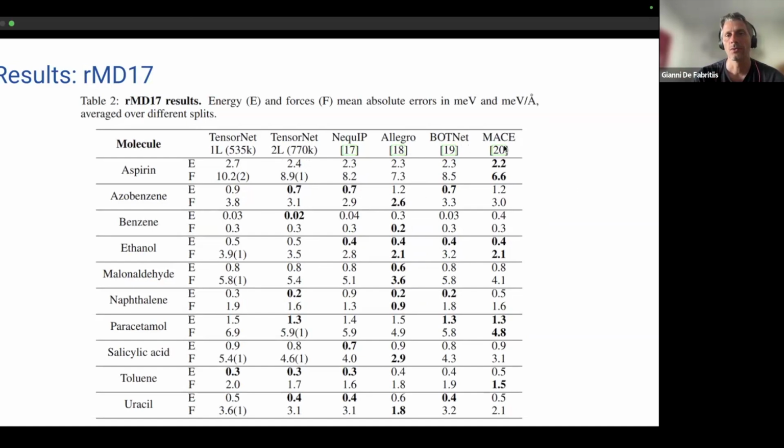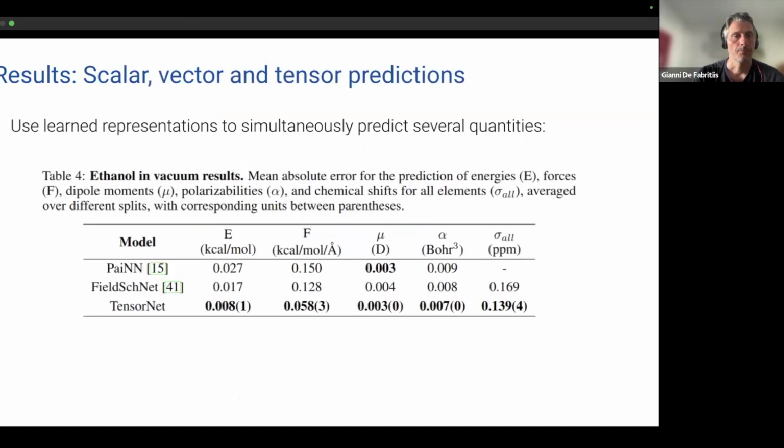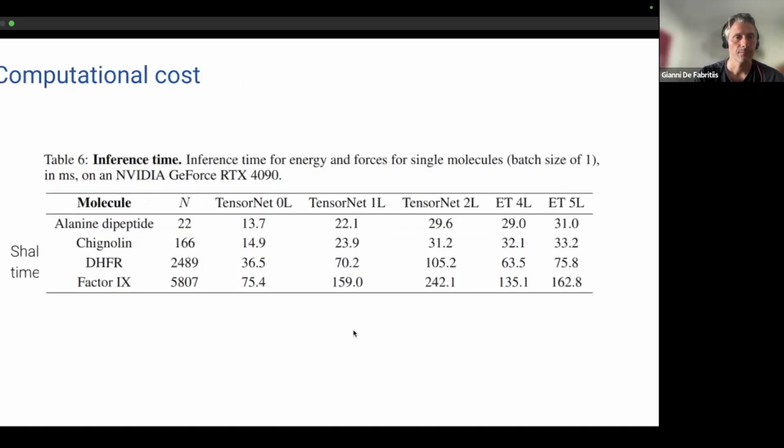All of these on the right use spherical harmonics. We could also predict several quantities at the same time, including vector quantities. And again, we show that we have state-of-the-art performance there.